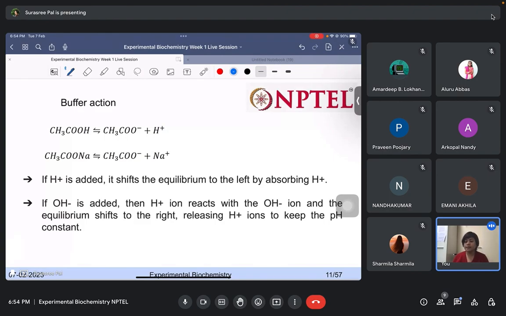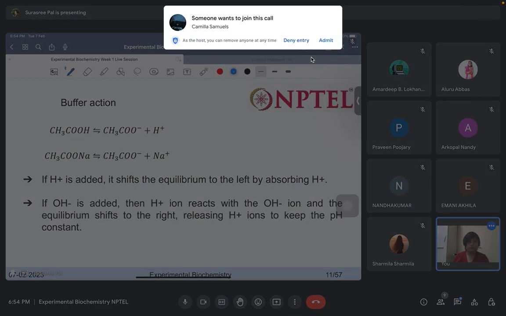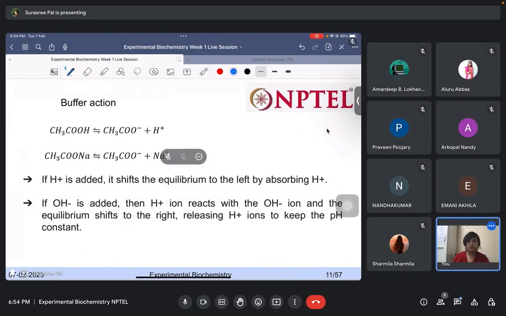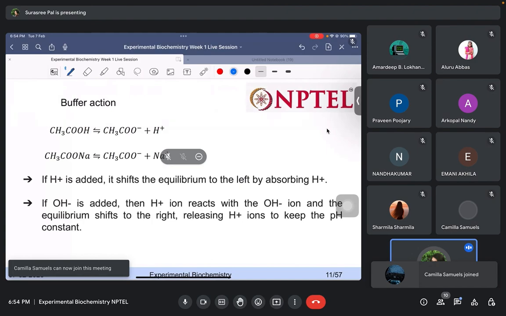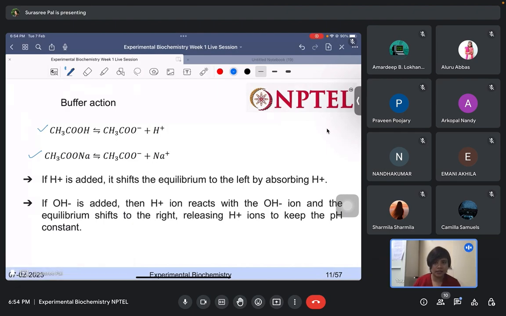So now if we consider this particular buffer, which is an acetate buffer, it is composed of a weak acid, acetic acid, and its conjugate base, which is sodium acetate, right?